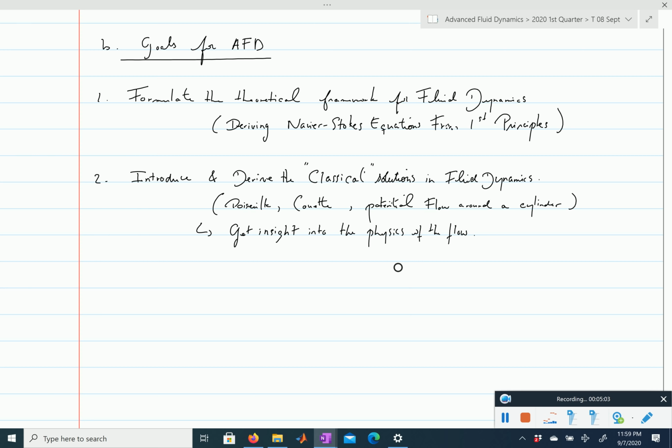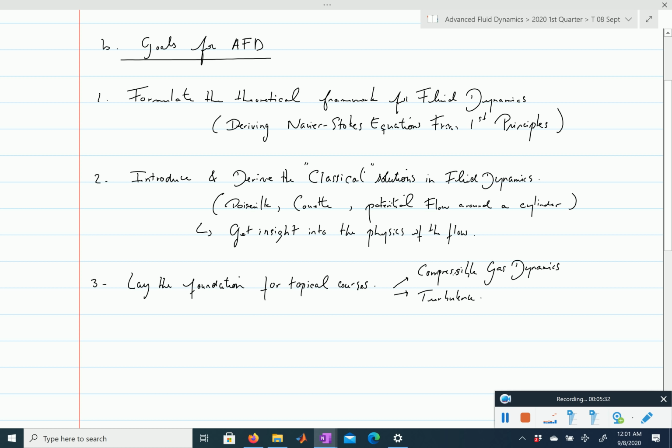So the goal here is to have the tools at hand to then go on further and take more topical courses. So lay the foundation for topical courses: compressible gas dynamics, turbulence, for example.